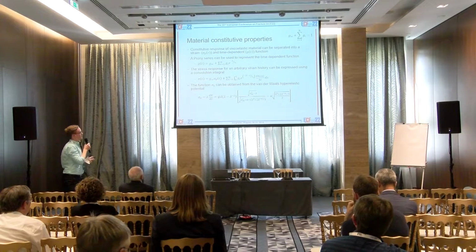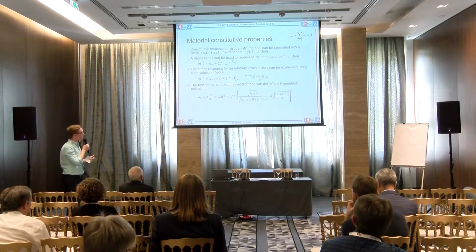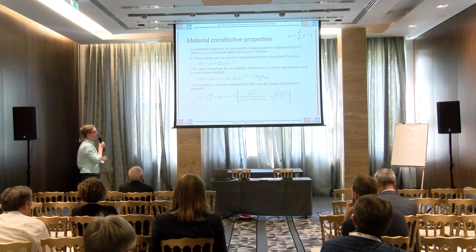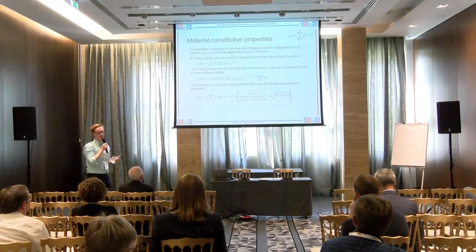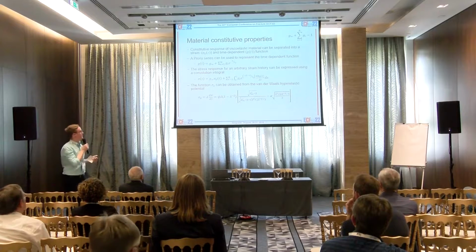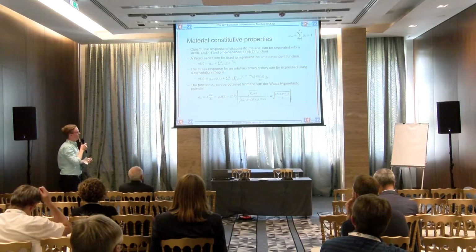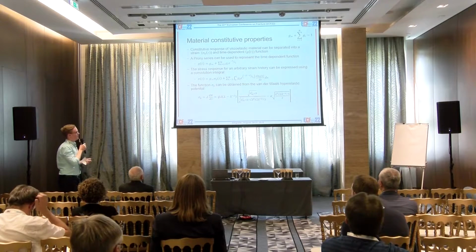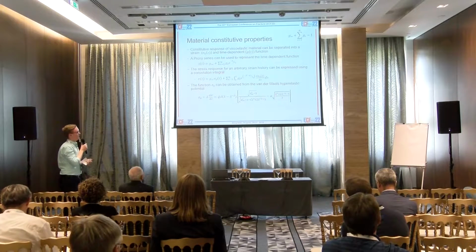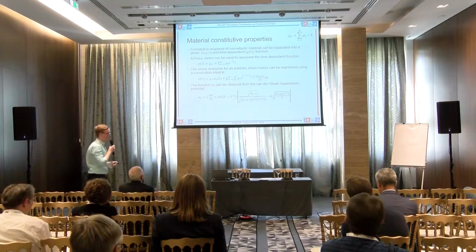This is the long-term stress response. And then the function sigma naught can be obtained from the van der Waals hyperelastic potential, as seen here, where psi is the instantaneous shear modulus, lambda is the stretch ratio, lambda m the lock-in stretch, and alpha is a global interaction parameter.